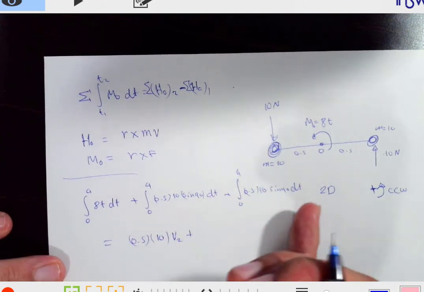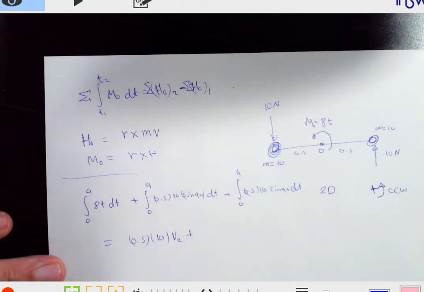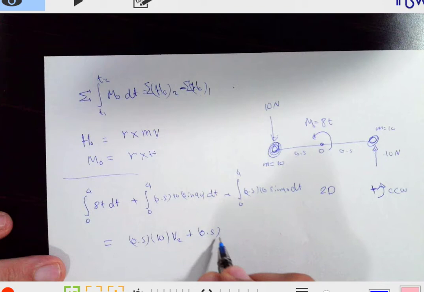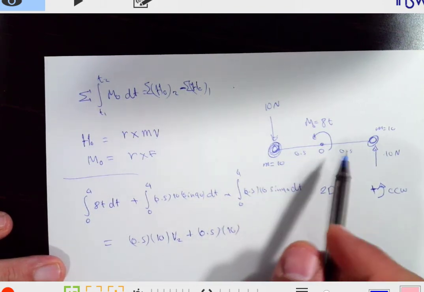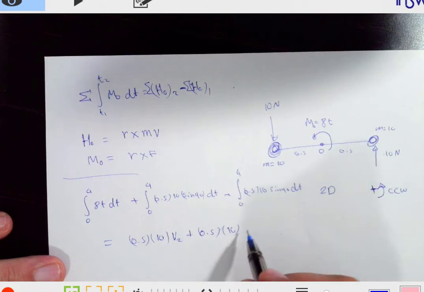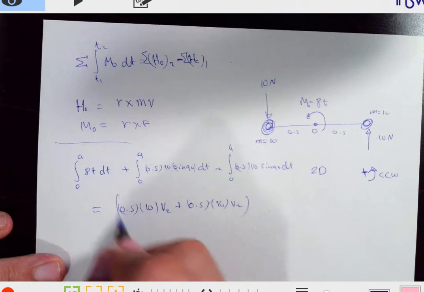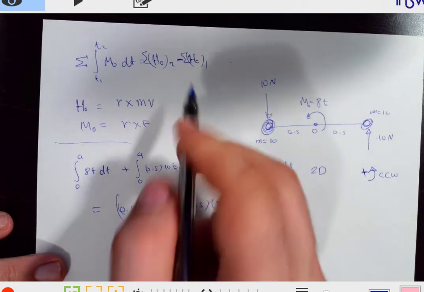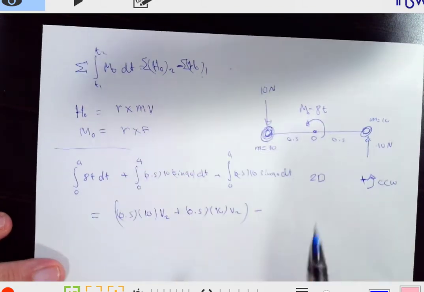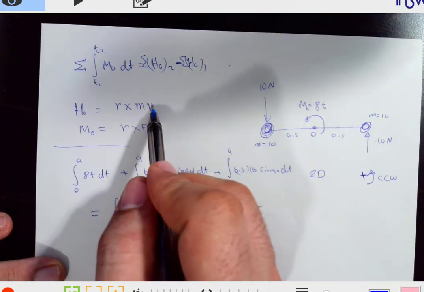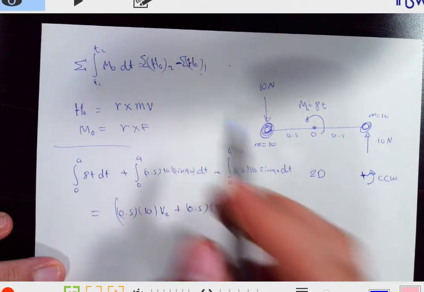And it's also going to be positive, plus 0.5 for that one multiplied by mass, multiplied by the velocity of that, which is the same as this velocity, call it v2, right? Minus this part over here, which is r cross mv, since velocity is at rest position, so this becomes 0.